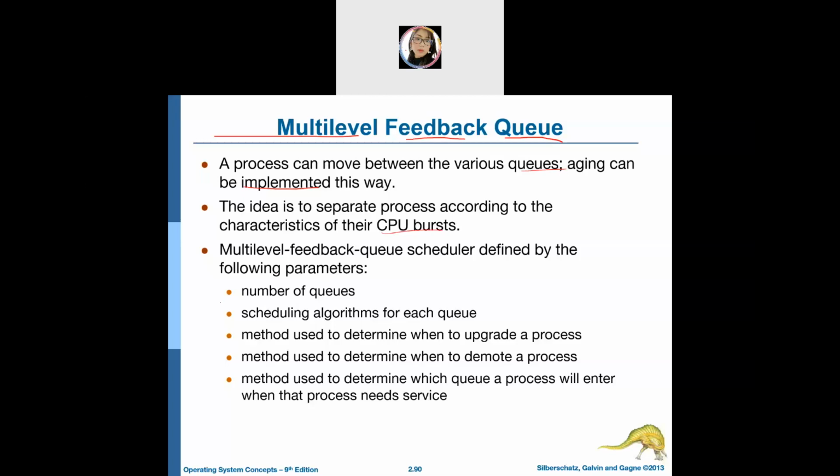First is the number of queues, the scheduling algorithm for each queue, the method used to determine when to upgrade a process, the method used to determine when to demote a process, and lastly, the method used to determine which queue a process will enter when the process needs service.